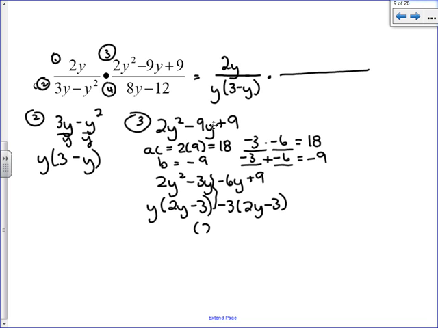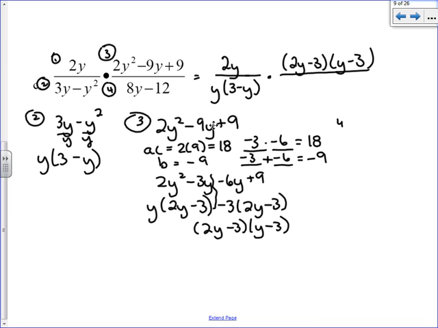And then my factors are 2y minus 3 and y minus 3. So you will still see the full AC method in there occasionally. That's not going away. We'll be factoring again in Unit 4 at least as well. But all of Unit 2 is built on factoring.